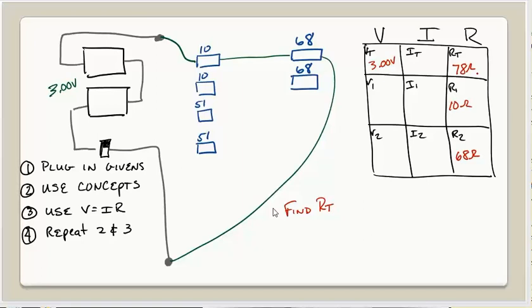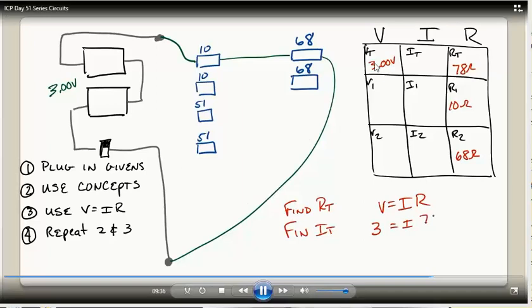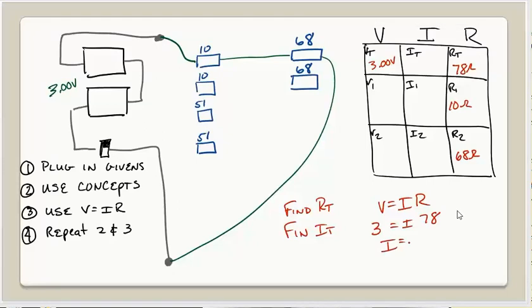We just simply add them. 10 plus 68 gives us 78 ohms. And then we need to find IT. How do we go about finding IT? We say V equals IR. So we put in what we know. 3 goes in for V, 78 goes in for R, solve for I. And we get 0.04 amps.